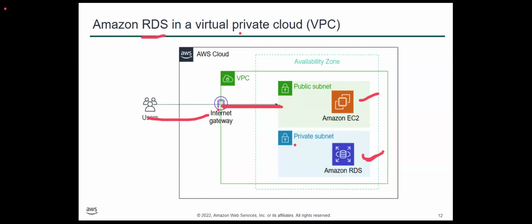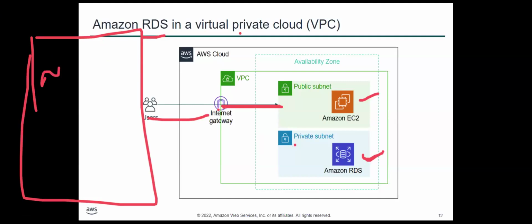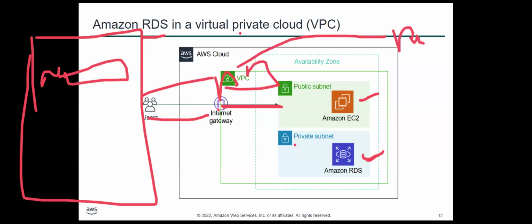Why private subnet? For example, you have a registration page. I think I told you this already in your first class. Your registration data will get stored in the database. Will you give the public access to the data which you collected?